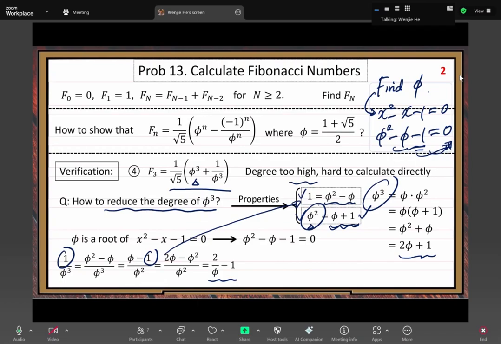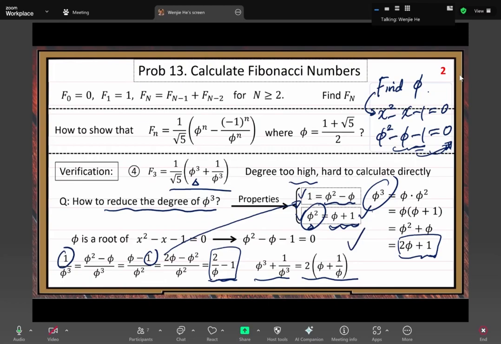Now we think we are ready to do the calculation. Let us add these two expressions together. After you factor 2 out, you have phi plus 1 over phi. And now you have this equality.